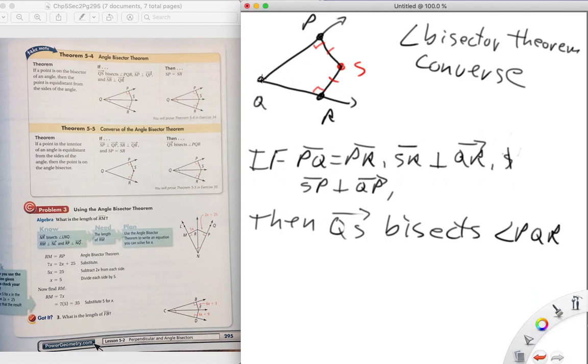So this guy is the angle bisector, meaning that it's going to cut this angle and this angle in half. Okay, so it's the reverse.